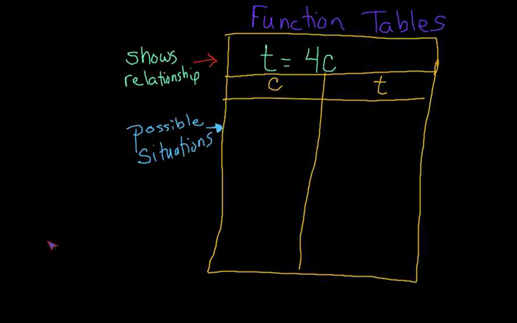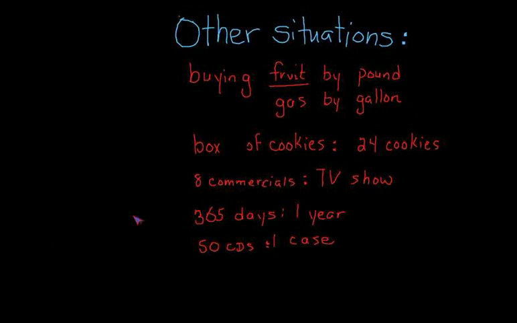So function tables are actually used all the time in life. If we're buying fruit by the pound, if we're buying gasoline by the gallon, if we're trying to figure out how many cookies, one box of cookies holds 24 cookies, like I was planning a large event lately and I needed to plan how many cookies, those relationships can be shown very well in a function box.